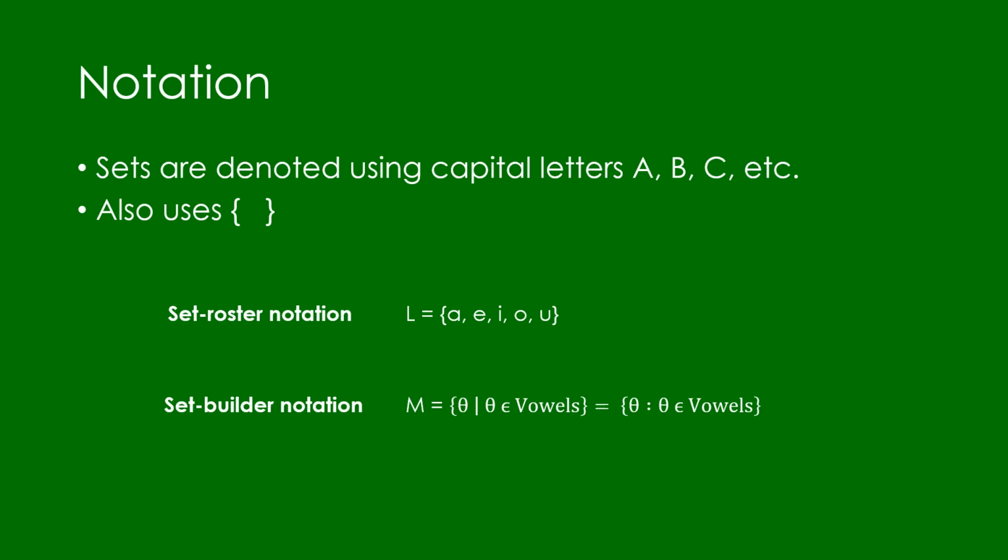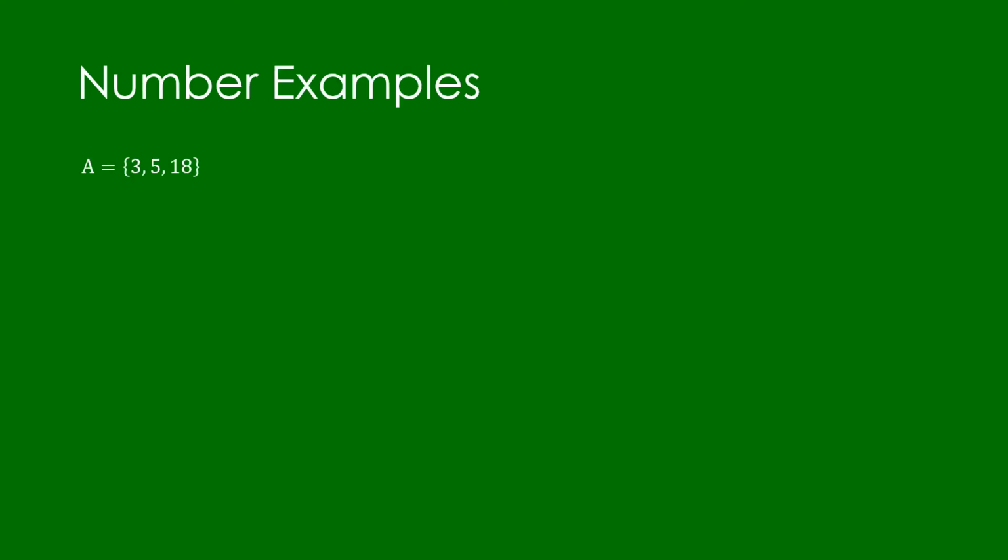Now, let's look at a few examples with numbers instead of letters. Let's define a set A to contain the numbers 3, 5, and 18. This set has no conditions, meaning that there is no way to generalize the elements in the set to know that we are specifically looking at 3, 5, and 18.